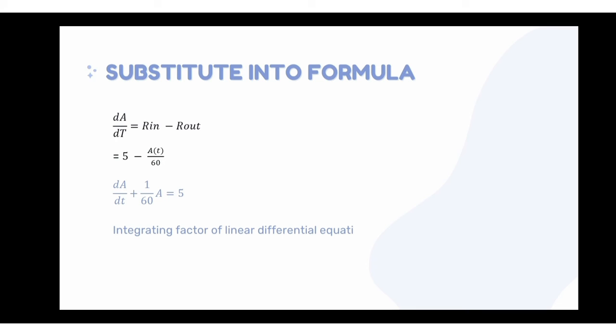Since the integrating factor of this linear differential equation is e to the power of t over 60, we can write the equation as d over dt of (e to the power of t over 60 times A) equal to 5 e to the power of t over 60. Next step is integration.